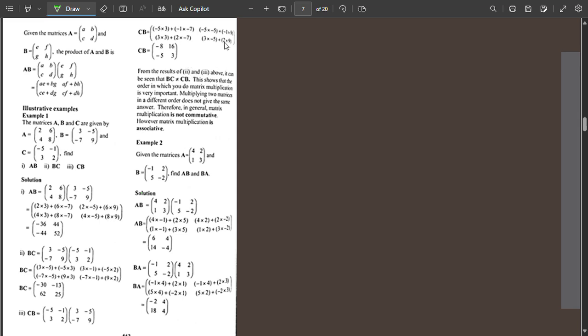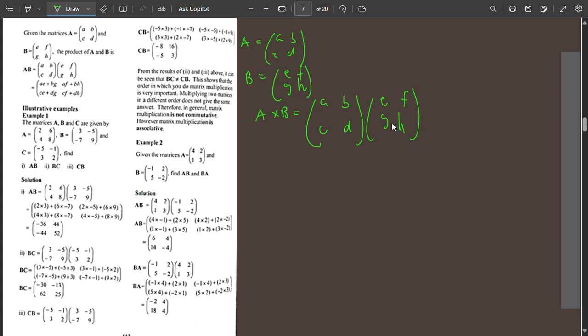This is how we multiply two matrices A and B. So this is A and this is B. If we multiply A and B, then it means we have A, B, C, D, we multiply with E, F, G, H. How do we compute this? There are a few algorithms and steps we will follow to solve this.